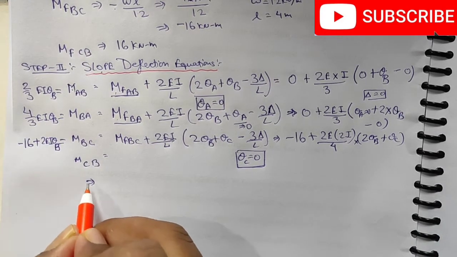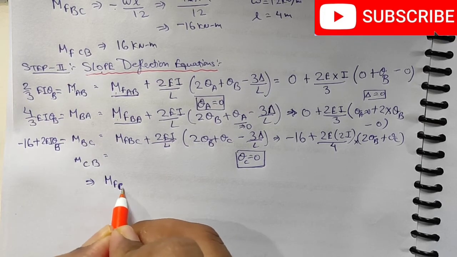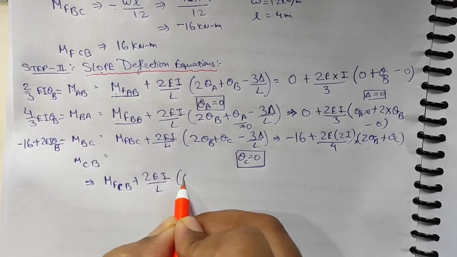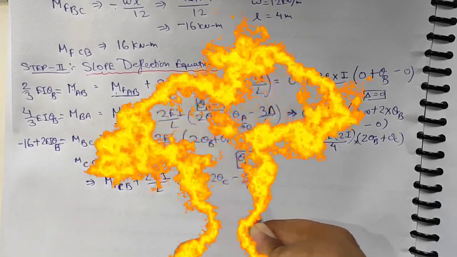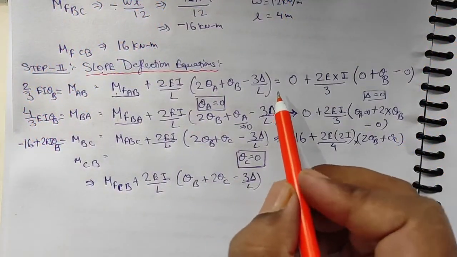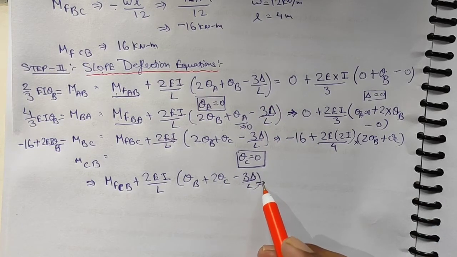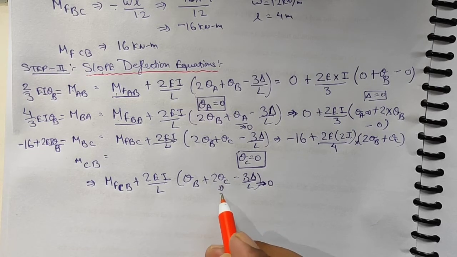Now in the last, I'll solve for MCB, that is MFCB plus 2 EI upon L multiplied by theta B plus 2 theta C minus 3 del upon L. Here there is no settlement specified, therefore the value of 3 del upon L is 0 in all the above equations, and theta C will again be 0 as it has a fixed end.